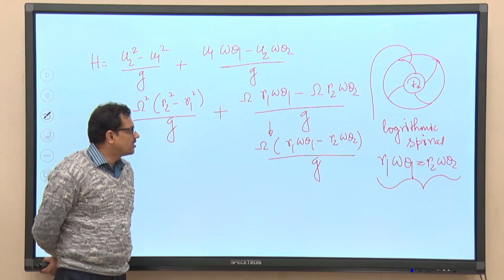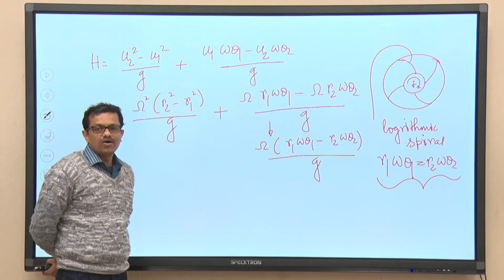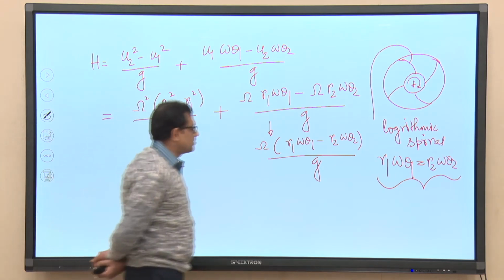So, if the logarithmic spirals are used for the design of the blade of a radial flow pump, then it can be shown this.